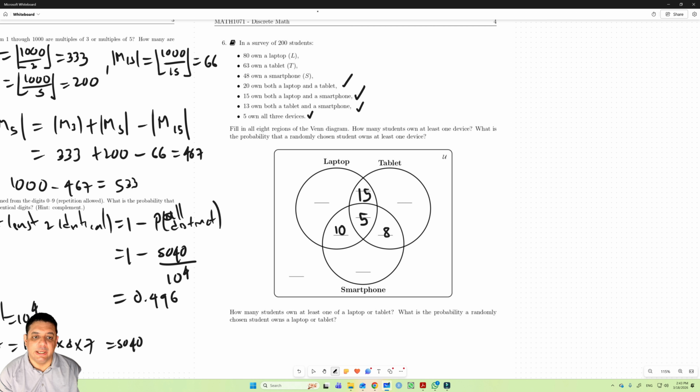Now we have 48 on a smartphone. We have 15 here, 8 here, 5 in the middle. So to get to 48, I need 25 more. So 25 and 15, 40, 48. 63 own a tablet.